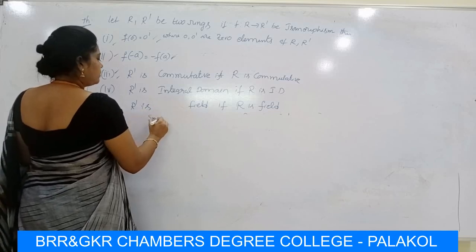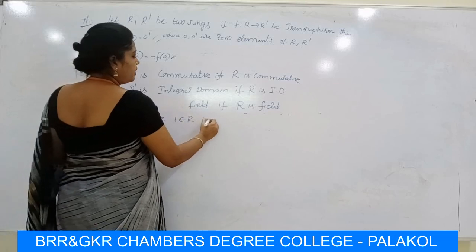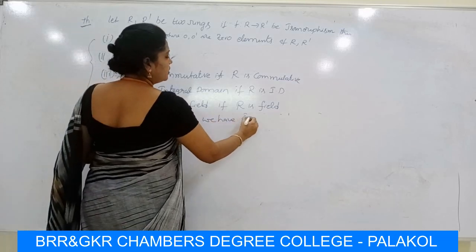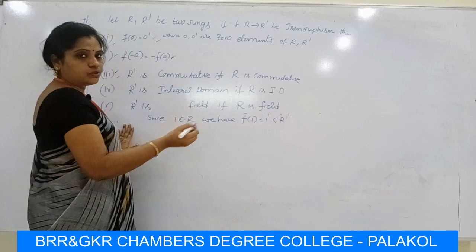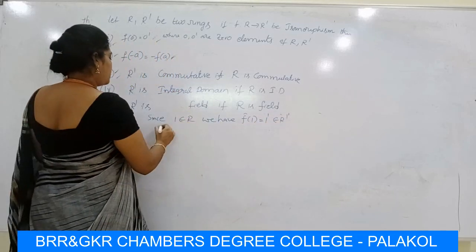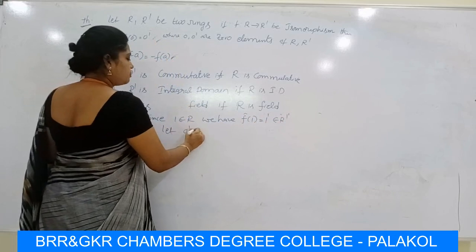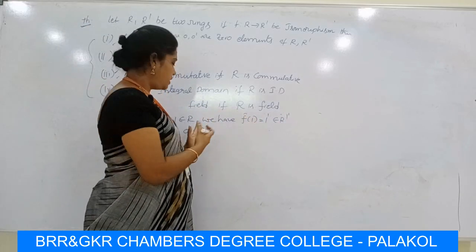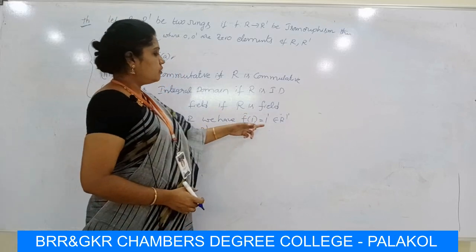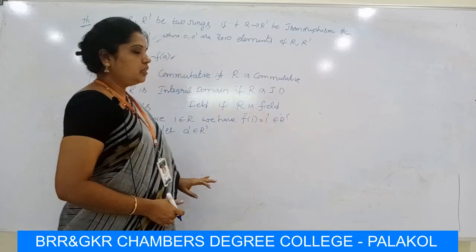Since 1 belongs to R, we have f(1), denoted as 1', belongs to R'. We have to prove 1' is the unity element of the ring R'. Let us take any element a' belonging to R' and multiply with 1', then we get the same a', then 1' is called the unity element of R'.